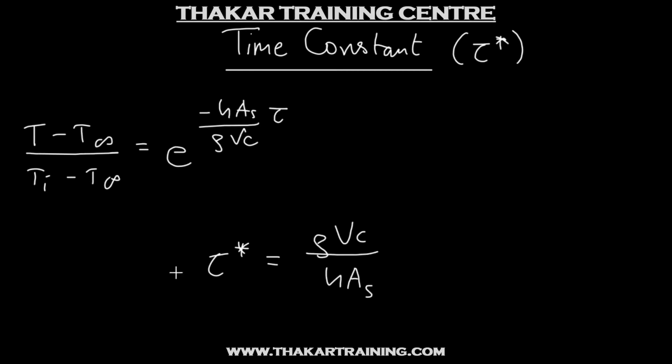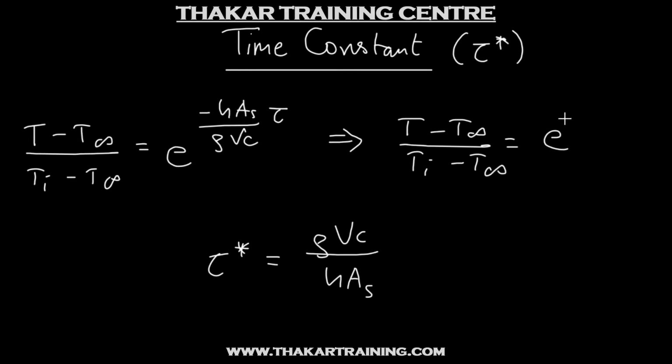Now what is the significance of this time constant? Suppose the time constant for a problem is 10 seconds, and we are interested in knowing the temperature variation after exactly 10 seconds has passed. So how will the variation look? We'll have (T minus T infinity) upon (Ti minus T infinity) is equal to exponential of minus tau upon 10 seconds, that is, 1 by 10 times tau.